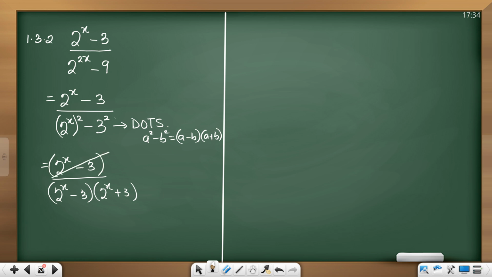Oh, sweet. What do you notice? That cancels out and leaves me with 1 over 2 to the power x plus 3. And that's that question there.